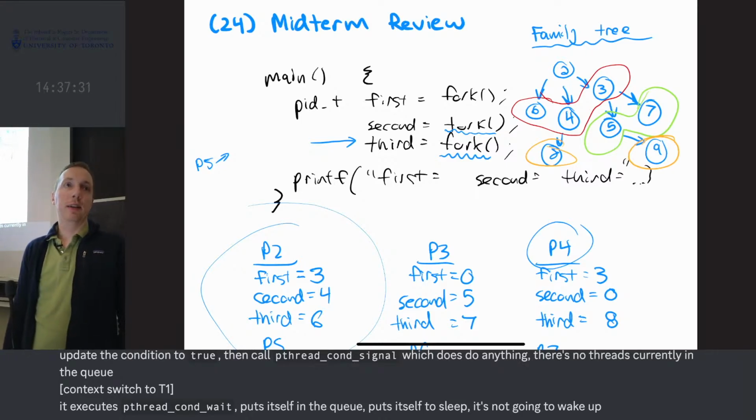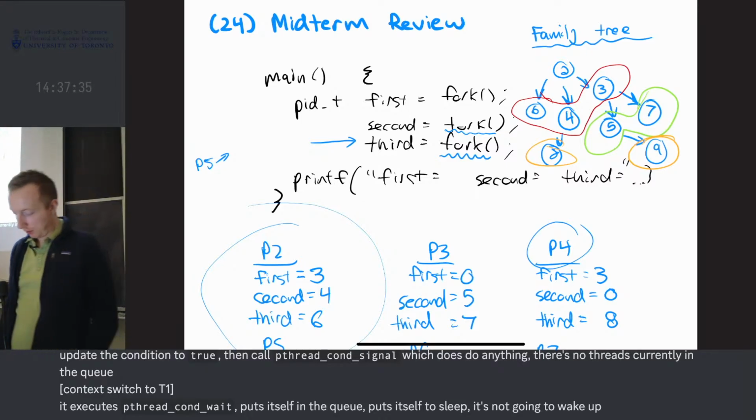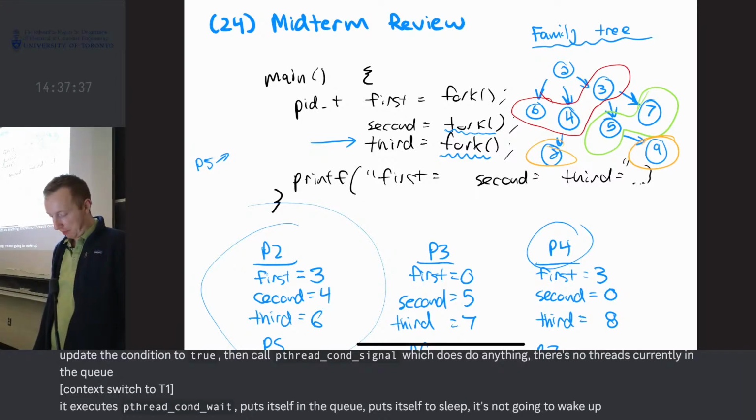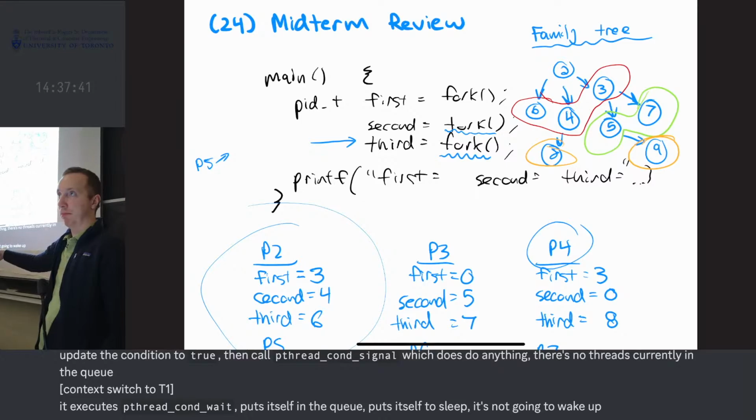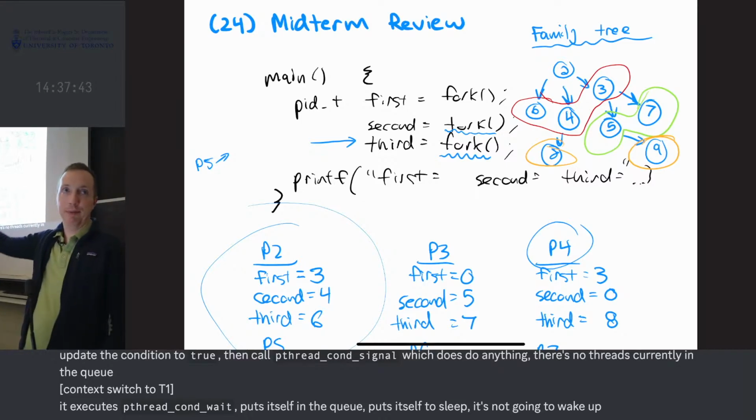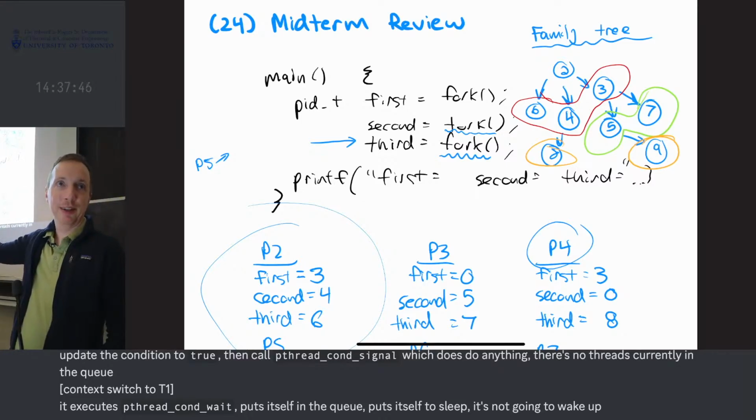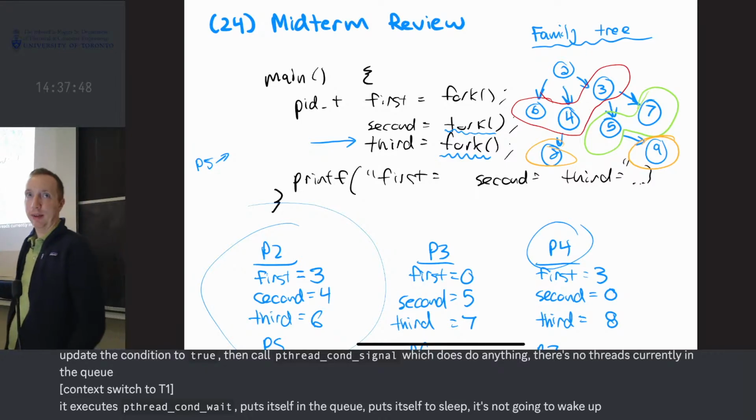Is there a formula to determine the number of processes you create by the number of fork calls? So in this case, if it's just like this, it's 2 to the power of the number of fork calls minus 1. So in this case, I created 7 processes.